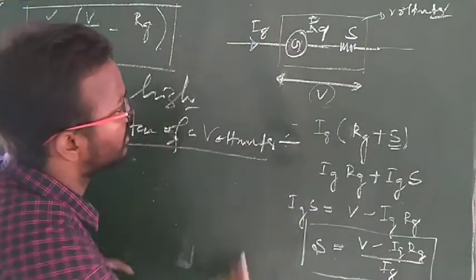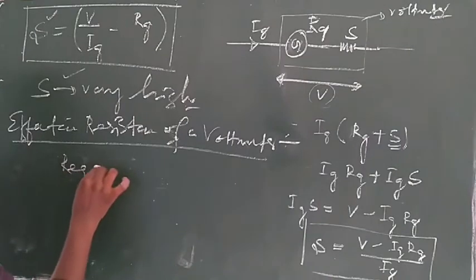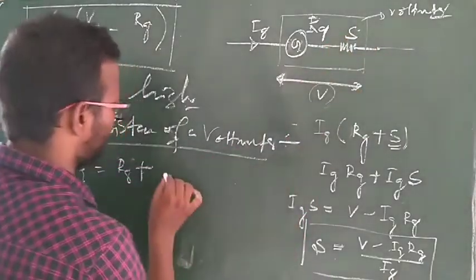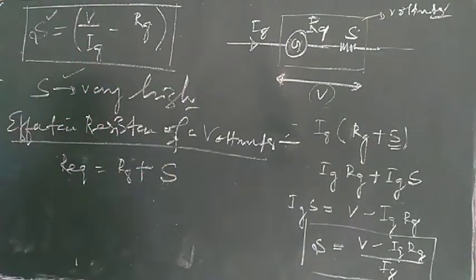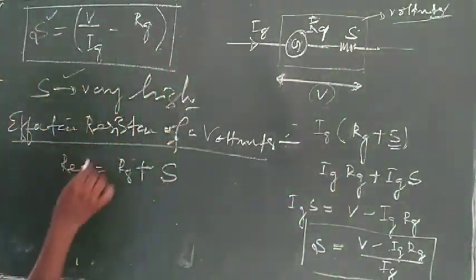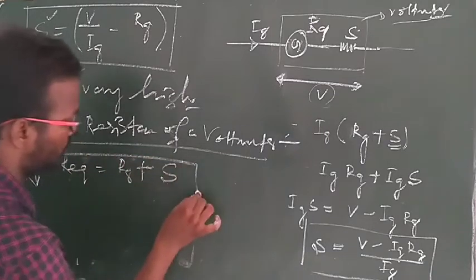Effective resistance, because in series connection we can write total equivalent resistance equal to Rg plus S. Clear? And this total setup is known as a voltmeter, so R equivalent is known as the resistance of the voltmeter.